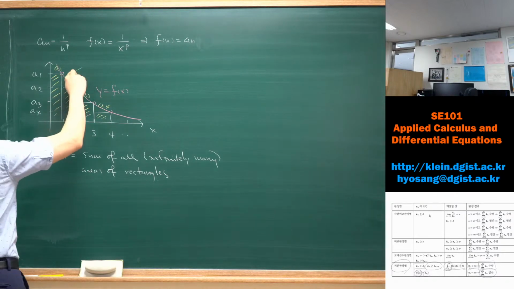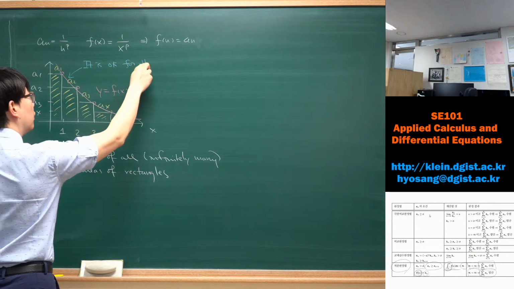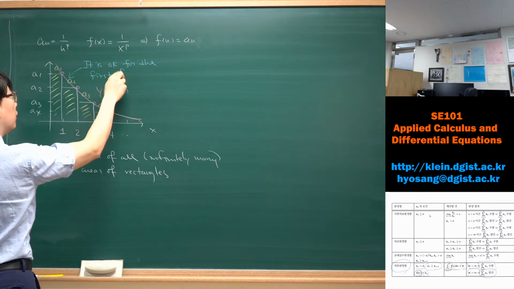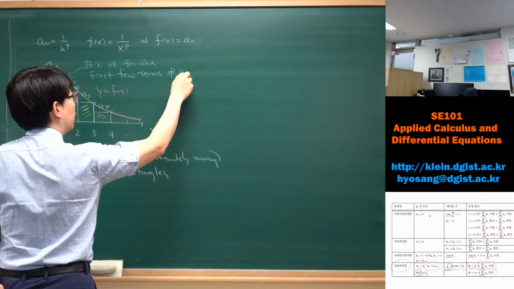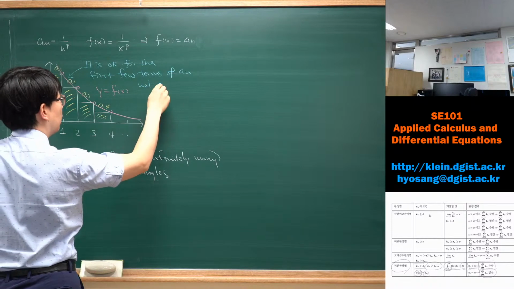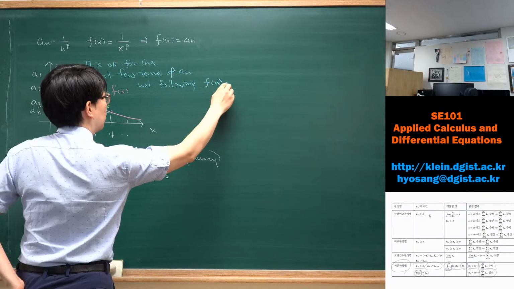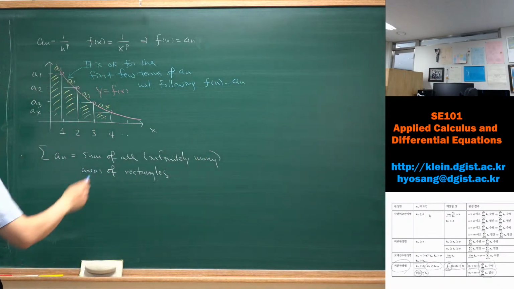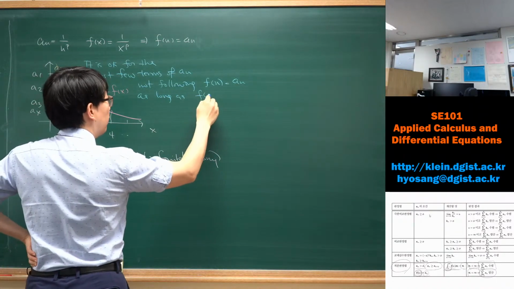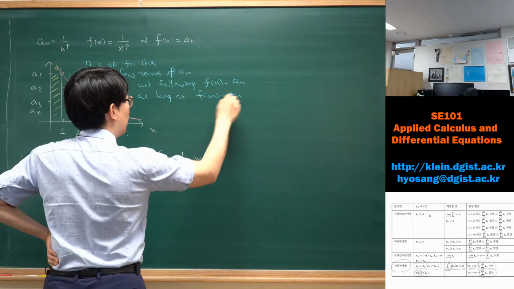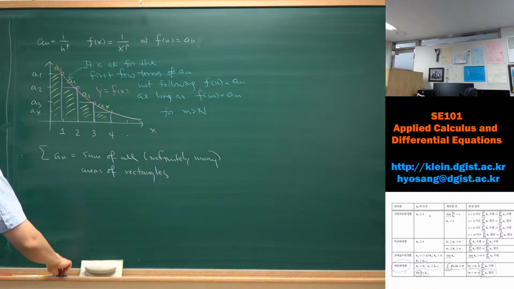So it is okay for the first few terms of a_n not following the identity, as long as f of m equals a_m for m bigger than some large N.